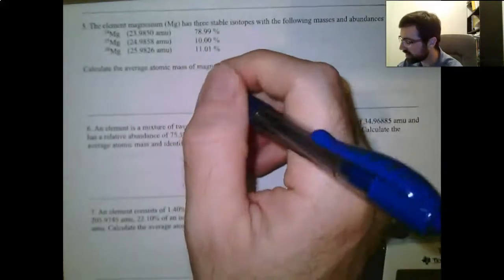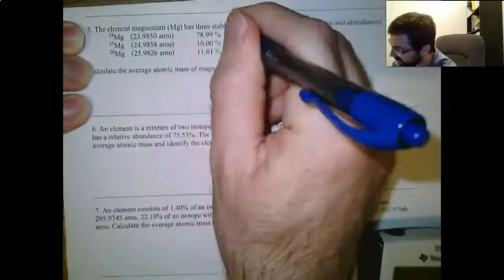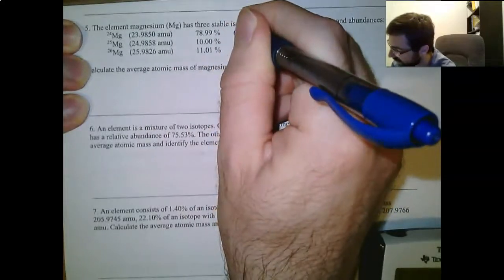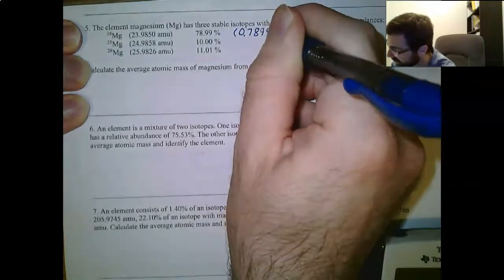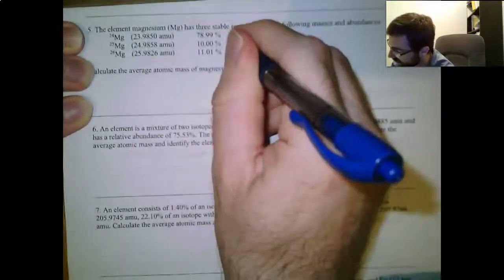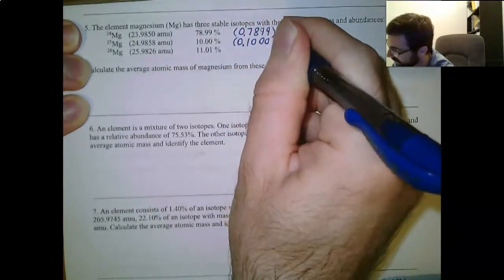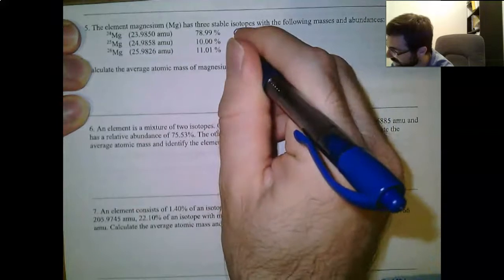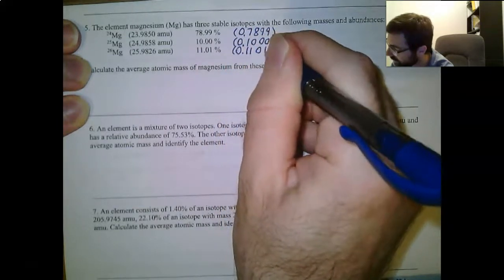So there's a couple ways you can set it up. If you prefer, you can go ahead and just turn this into 0.7899 right here. And then I'd turn this into 0.1000. Don't forget to keep your sig figs. And then 0.1101.